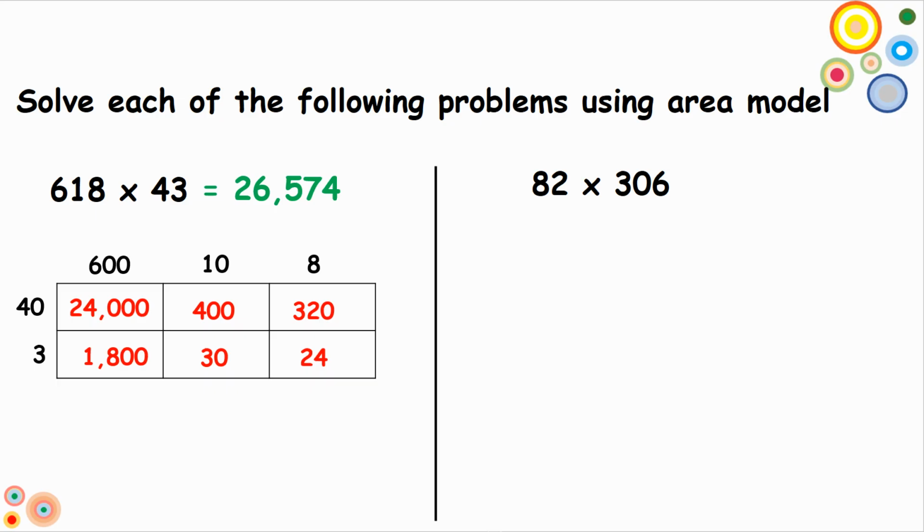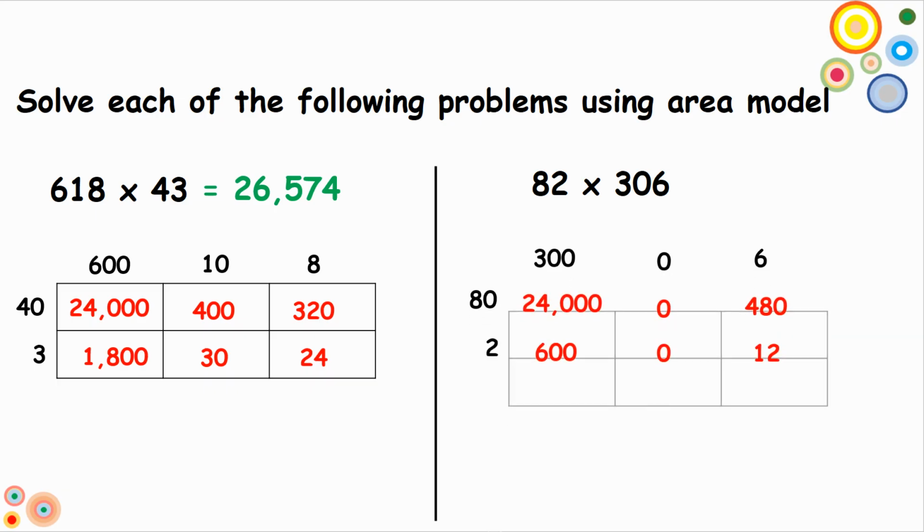As we know, draw an area model and write each value of each digit. 300, 0, keep as it 0, and 6. Split 82 into 80 and 2. Multiply each other.